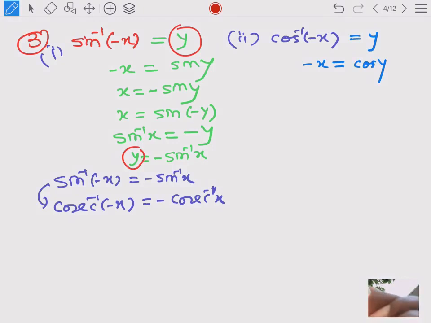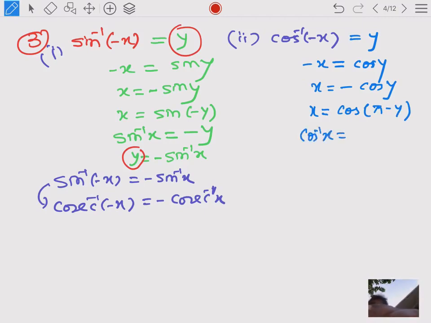So minus x is equal to cos y, and now x is equal to minus cos y. In 11th class, how can we write minus cos theta in the principal value branches, cos of which angle makes the minus go outside? We know that it is cos of pi minus y. Now it means we can write cos inverse of x is equal to pi minus y. So now y is equal to pi minus cos inverse x.